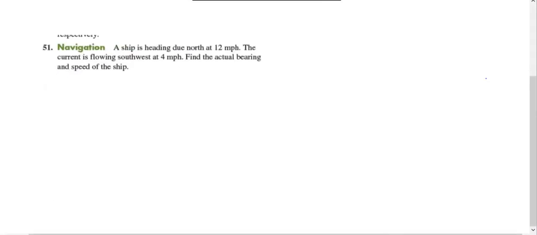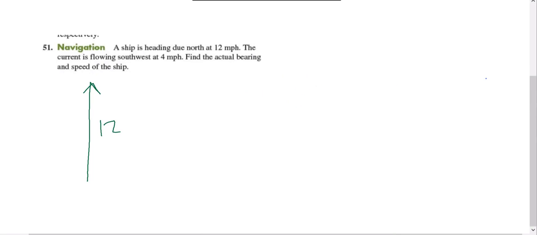Okay, ship is heading due north at 12 miles an hour. Okay. So that's easy. That's the vector 0, 12. Is that right? I'm not sure. You tell me. No. To find the components, that's not right. What am I thinking?